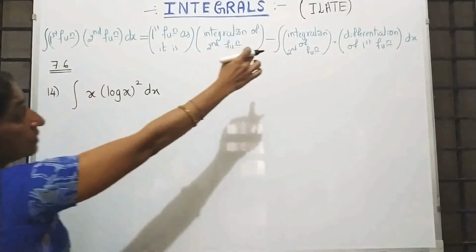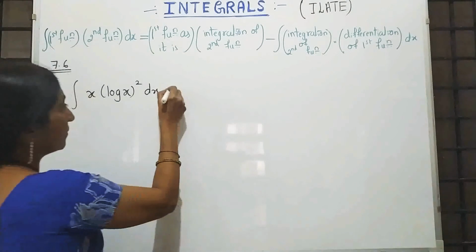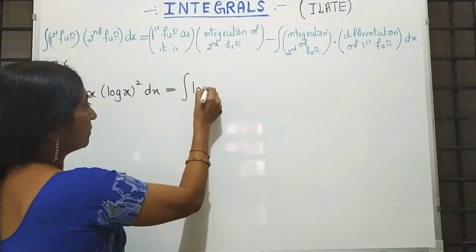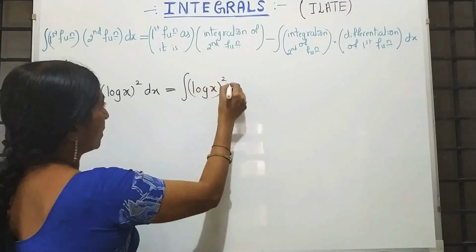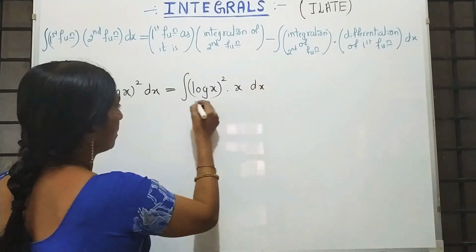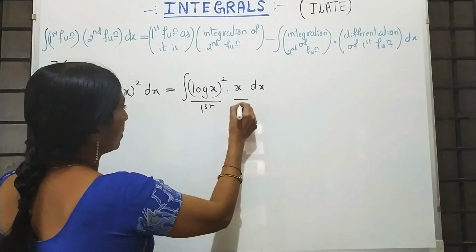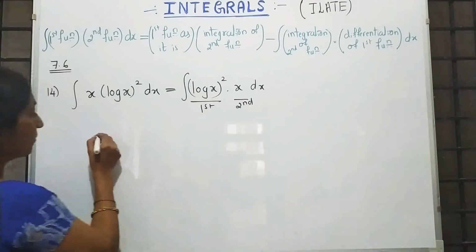x into log x whole square dx. Tell me which one is the first function. x is algebraic, this is a log. First log, then algebraic. Log x whole square is the first function and x is the second function.